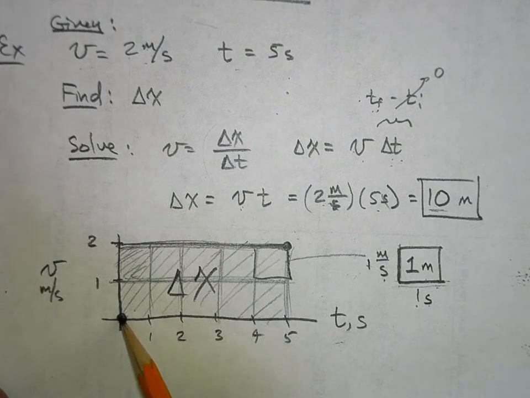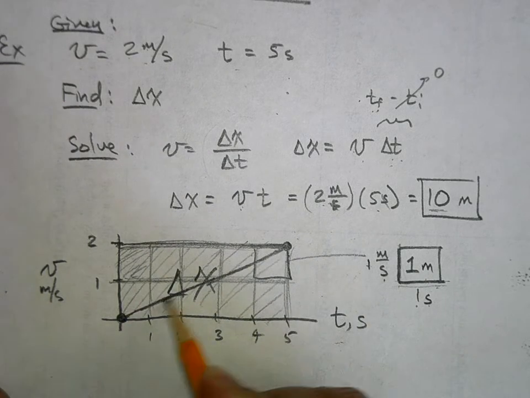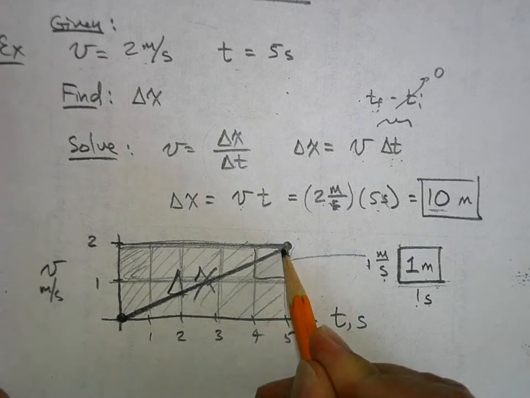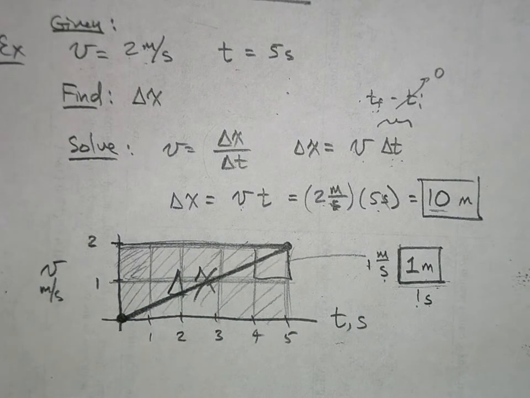So my velocity at first is 0, but then my velocity, and remember this is a graph of velocity as a function of time, what if it looked like this? Okay? Now, how much did I change my position?